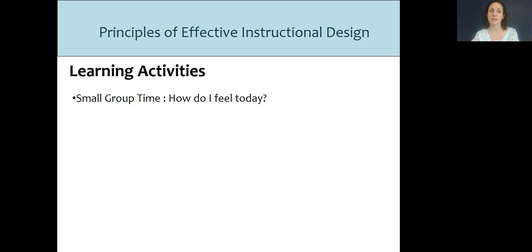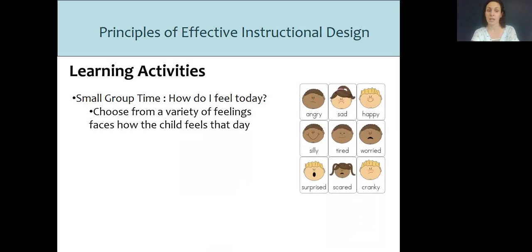My second learning activity is going to be a small group time. And so my small group time, where kids are with maybe 3 or 4 other kids and a teacher, we're going to delve in a little bit more about feelings, and we're going to talk about how they feel today. And so they're going to choose from a variety of feeling faces on how they specifically are feeling this day.